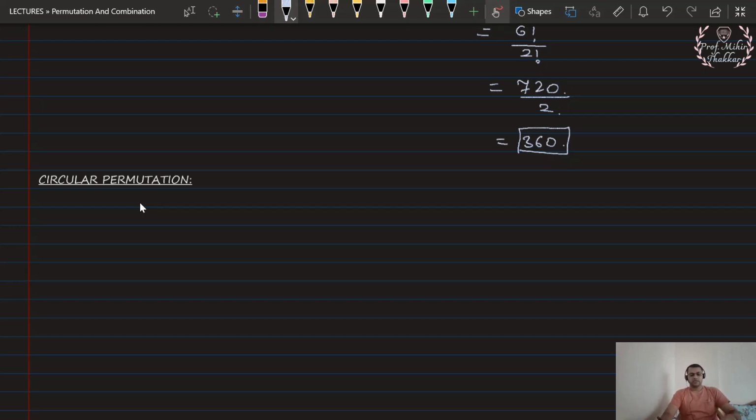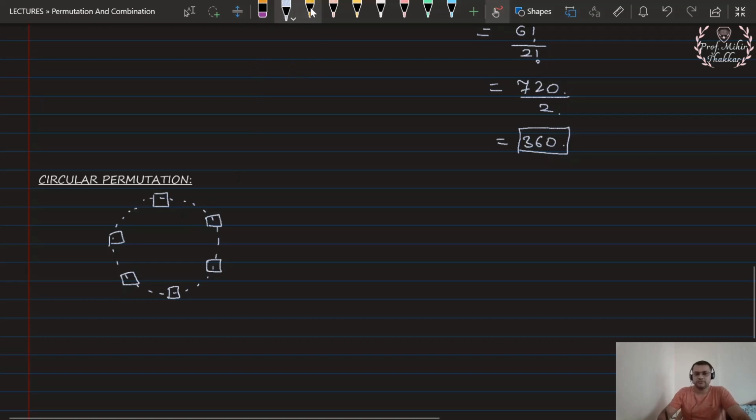Suppose there are 6 persons, 1, 2, 3, 4, 5 and 6, to be arranged along a circular table.